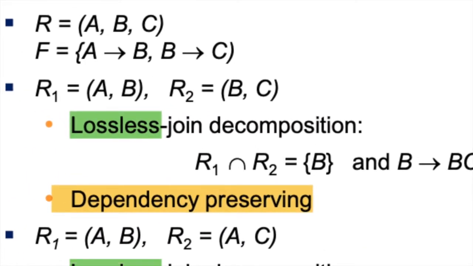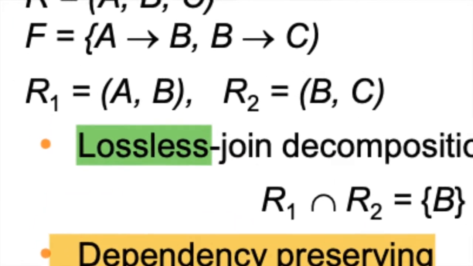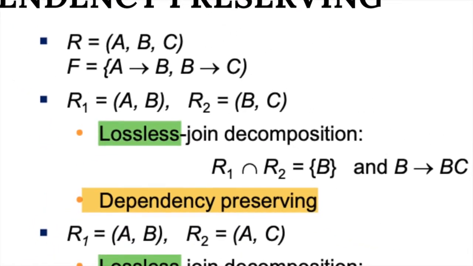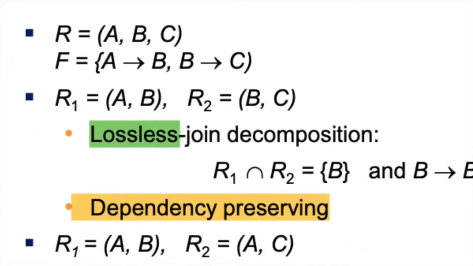Why is it dependency preserving? Because we can verify the A to B using R1, and we can verify the B to C using R2. This means F was just split into two tables, and you can still verify it using the decomposed version.